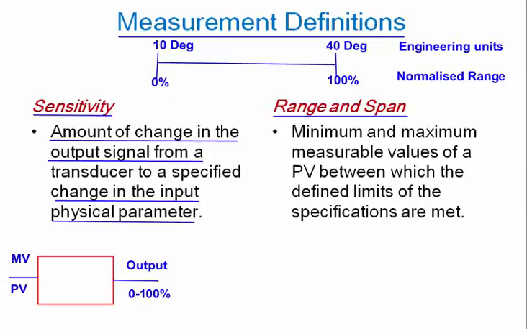So if everyone's happy with that, the span of the instrument, of course, is the... and let me put some more terms on here. Down here, we have the lower range value, and we then have here the upper range value.